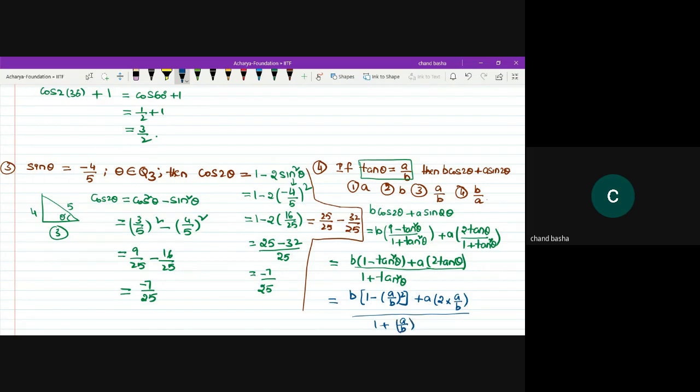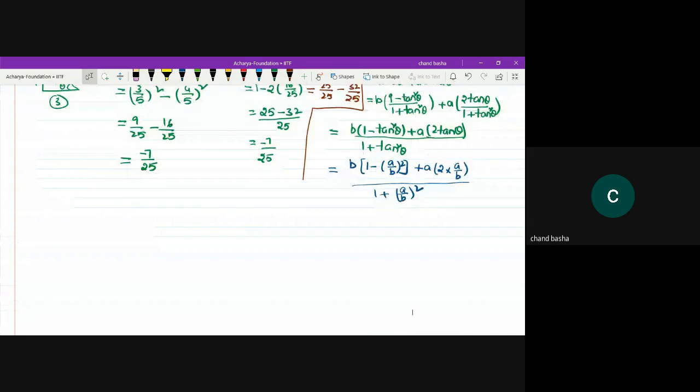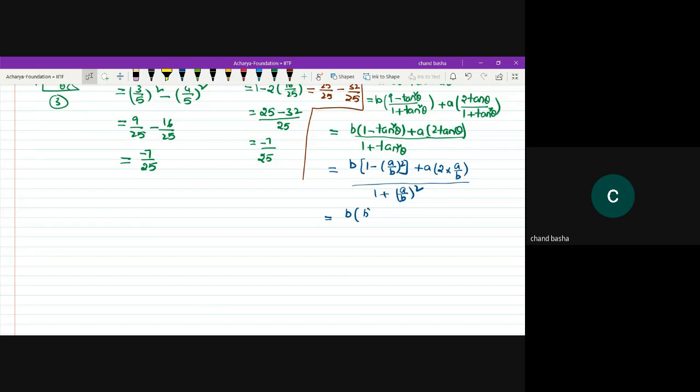Taking LCM, simple calculations are there. How are we doing the numerator part? Take LCM in bracket, I'll get B square minus A square divided by B square, plus 2A into A, 2A square divided by B. Similarly the denominator, take LCM, B square plus A square divided by B square.